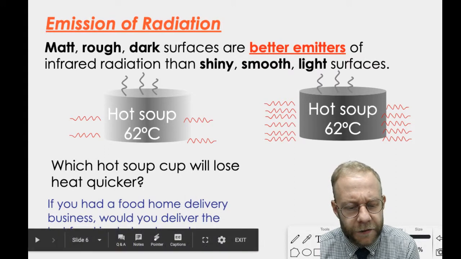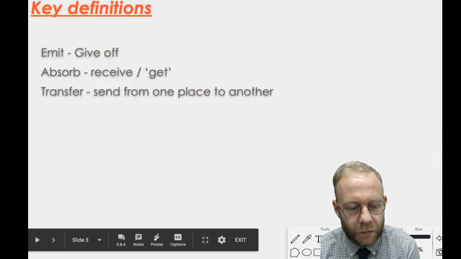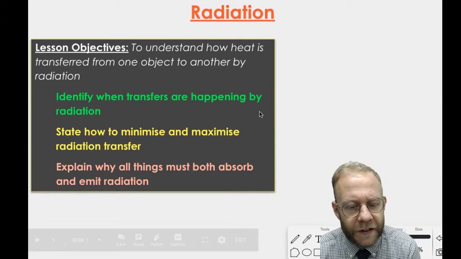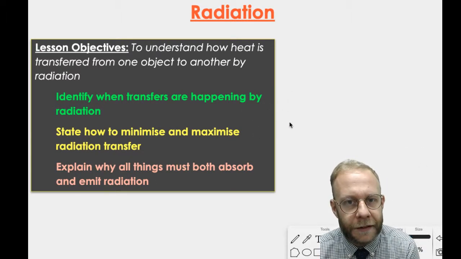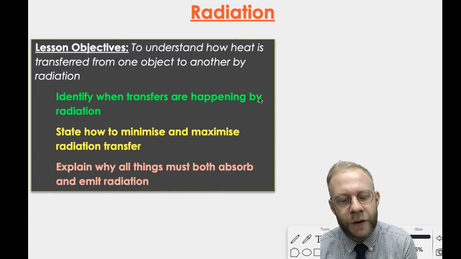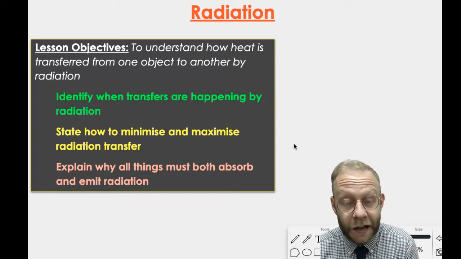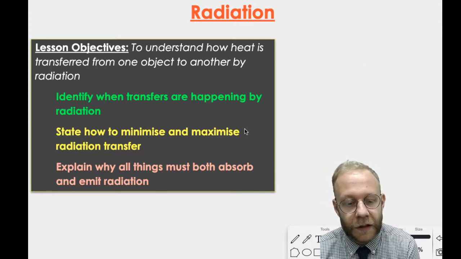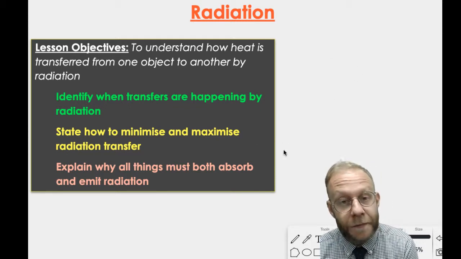Okay, so hopefully if we go back to check what our objectives were right at the start, we should be able to identify when transfers are happening. Transfers are happening whenever an object has a temperature, it is going to be emitting some radiation. How do we maximise and how do we minimise it?